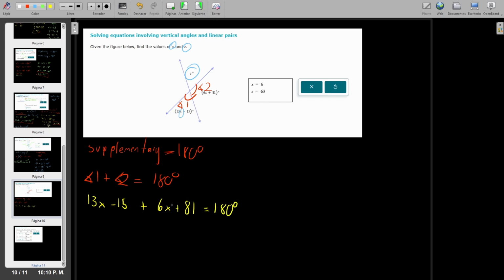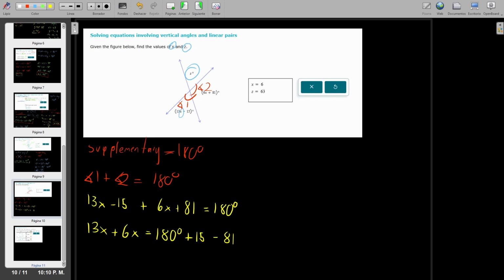We're going to put the x's to the left, so it's 13x plus 6x, and the next one, 180 degrees with how much? The negative goes to the other side, and this positive goes to the other side. That's correct, minus 81.